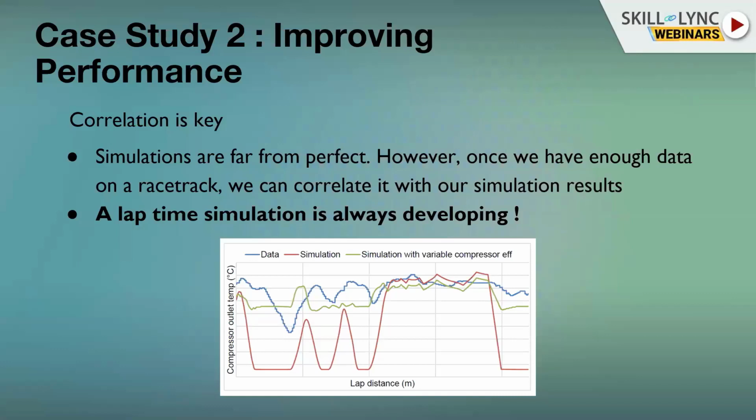So to be more clear, here with a compressor efficiency model, they were able to better design the cooling system of the car, and the cooling system of the car was linked to the aerodynamic department, and the aerodynamic department were able to resize the radiators on each side pod, and then it reduces the drag, and the reduction of drag allows the car to be quicker on straight lines.